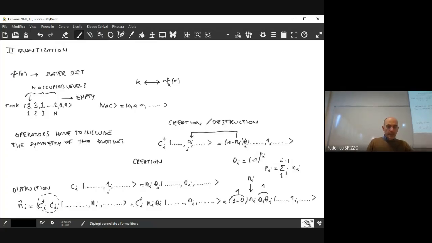So if I want to know what is the number of particles that correspond to a specific level, I evaluate the C cross index of the level times C index of the level, and I apply that operator to the state of the system. And in this way, at the end, I find the occupancy of the level I'm interested in.